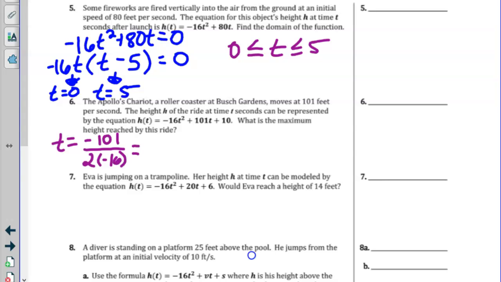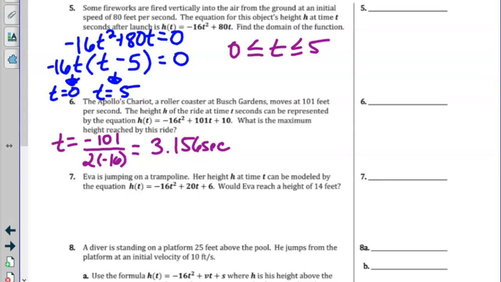Plug it in your calculator, so tell me what negative 101 divided by 2 times negative 16 is. 3.156 seconds. So that gives us the peak, the seconds. How do I find the max height then?